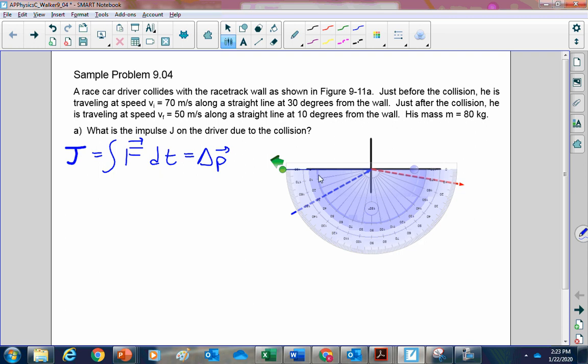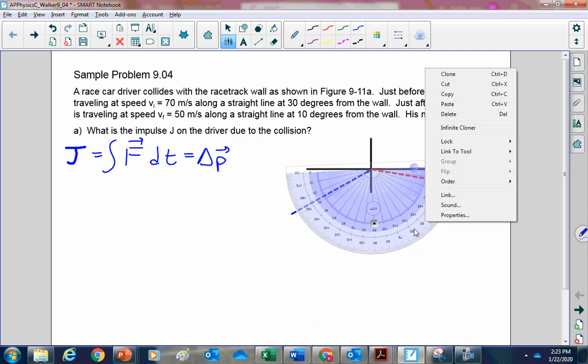So we would have the x component of velocity and the y component of velocity here.